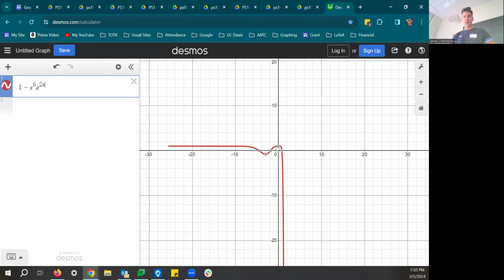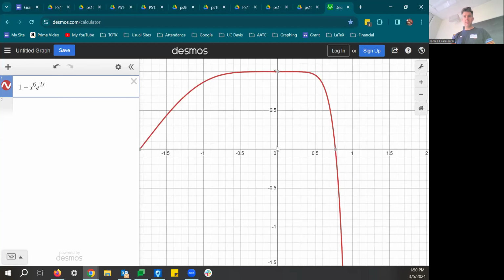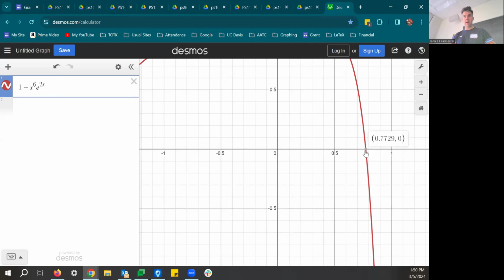So if we zoom in here, right there, at approximately 0.7729, you would have another critical point where the derivative of this function was undefined.